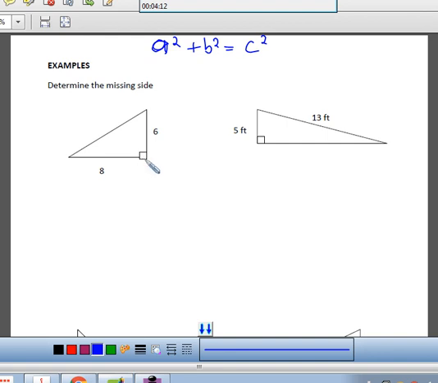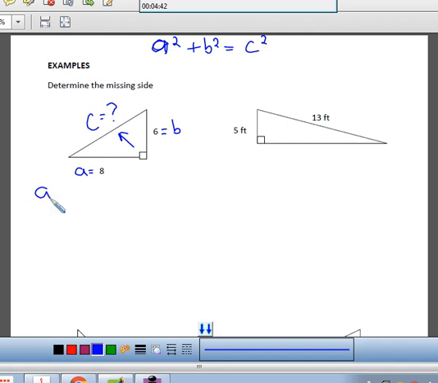Alright, so here's our right angle. Across from it is the hypotenuse. In the Pythagorean theorem, A and B don't matter. We can switch those around. But C has to be the longest side, or the hypotenuse. We're trying to find the hypotenuse. I'll make A the side that's 8, and B the side that's 6.